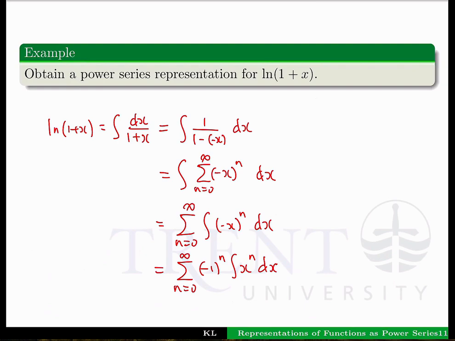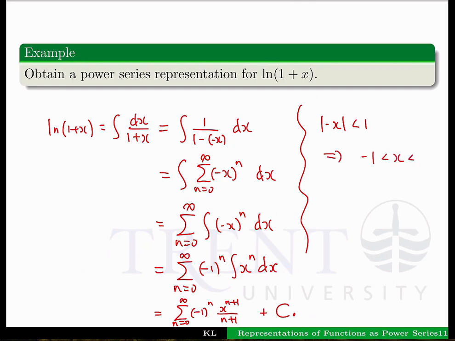Which means if we integrate this, we will have the sum from 0 to plus infinity of negative 1 to the n, and the integral will be x to the n plus 1 divided by n plus 1, plus the arbitrary constant c. And in here, this is when the absolute value of negative x is less than 1, which means negative 1 less than x less than 1.